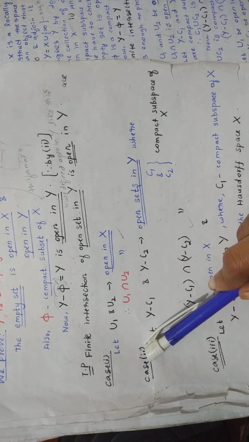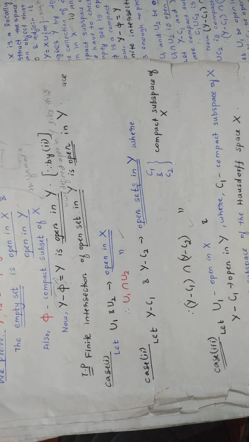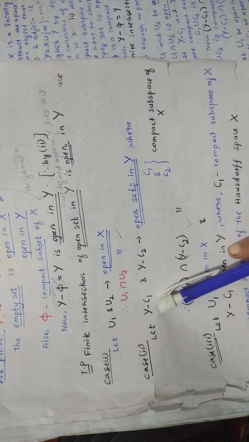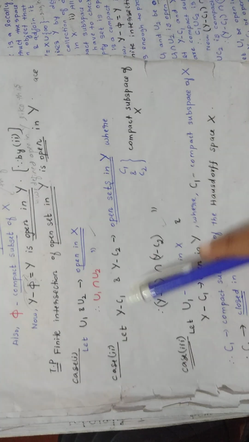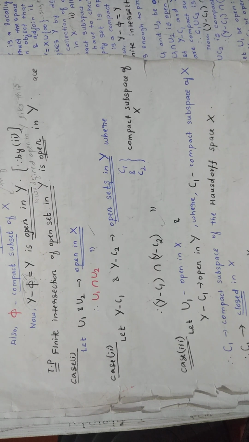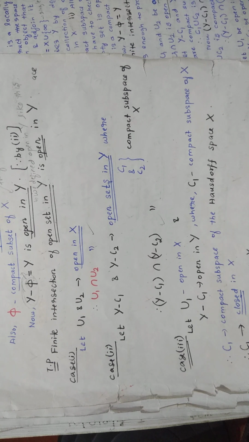So let's pass on to case 2. In case 2, you are taking this kind of sets: Y minus C1 and Y minus C2. You are taking two sets. You know that these two are open in Y, because you defined it like that.